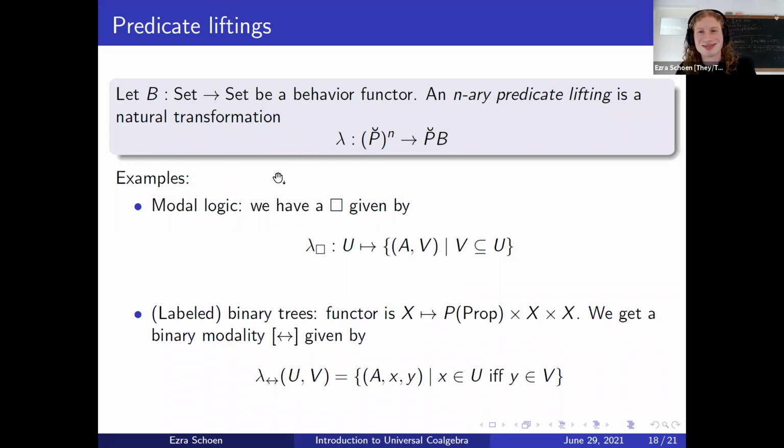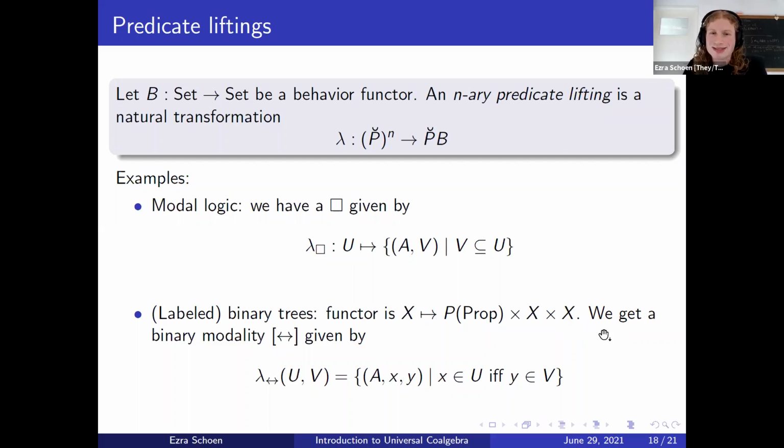But to come back to Radu's question, you can also have binary liftings or liftings of even higher arities. Here's a functor for labeled binary trees. You mark them with some propositions which are true, and the left successor and the right successor.